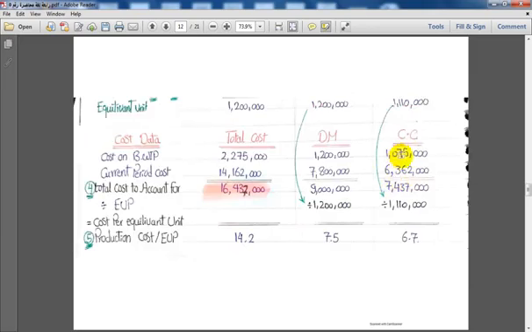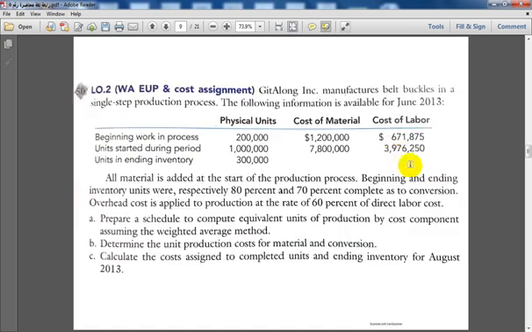Conversion cost equal direct labor cost 671,875 plus overhead, which equal 60% of this number.